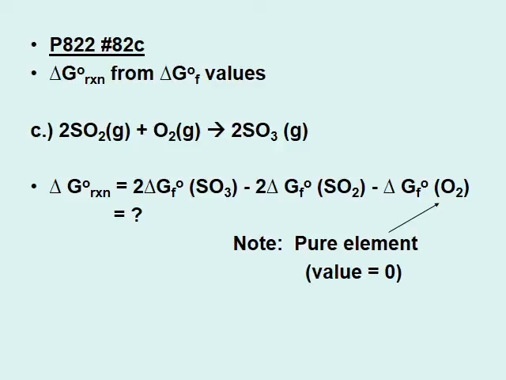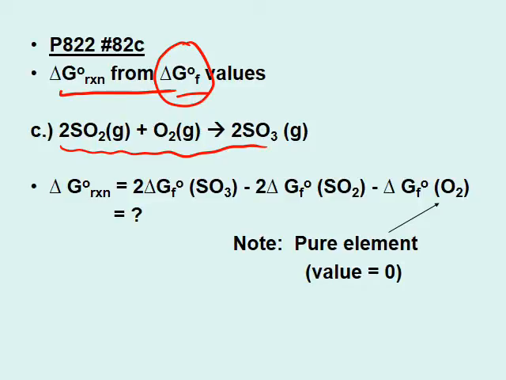Let's go over number 82C from the book, page 822. Here we're calculating the standard free energy change of a reaction from standard free energy of formation values. Again, you get these values from the back of the book. This is the reaction we are focusing on.